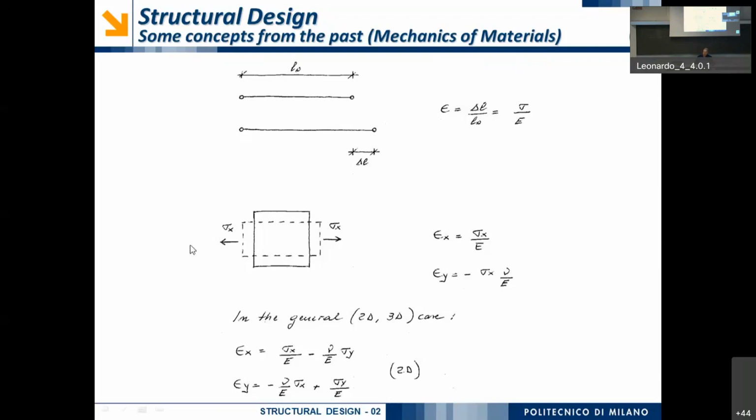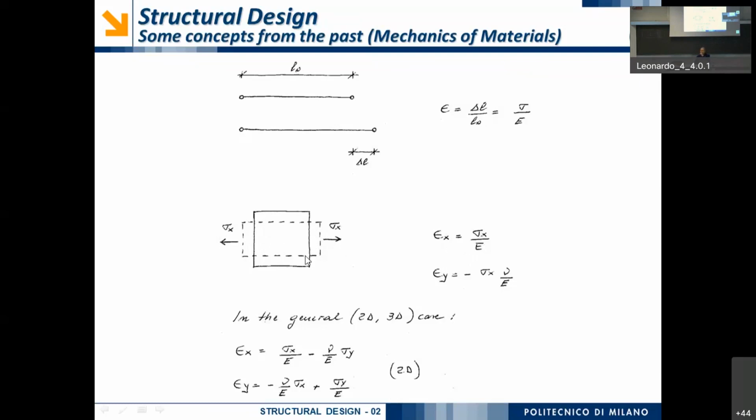What happens is that when I take a small piece of material and then I apply at the opposite ends of this small piece of material an internal stress called sigma x, then I will have an elongation in the direction of the force, and the elongation in the direction of the force is simply the stress divided by the Young's modulus.